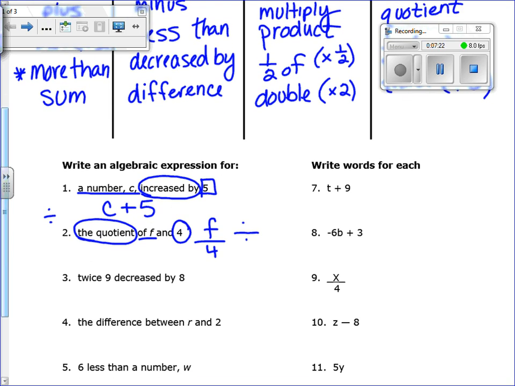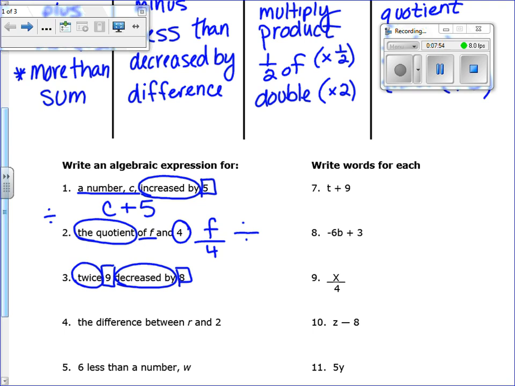Twice 9, all right, here's twice, and there's 9, decreased by, there's another operation, 8. I'm not trying to solve this. All I'm trying to do is to write an expression. Okay? Now this says algebraic expression, and this isn't necessarily algebraic because there's no variables involved.